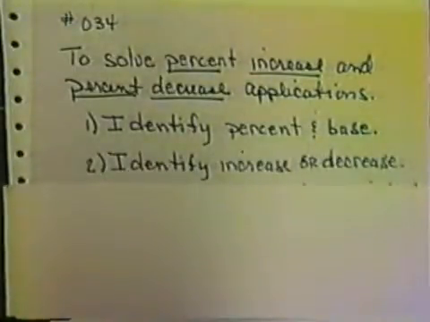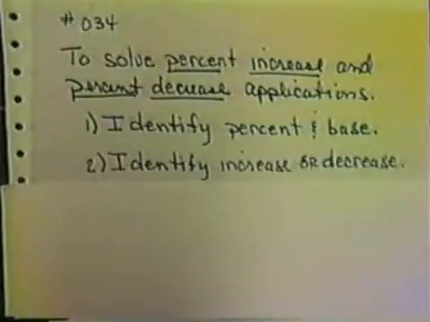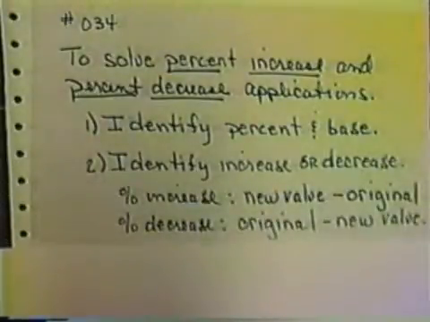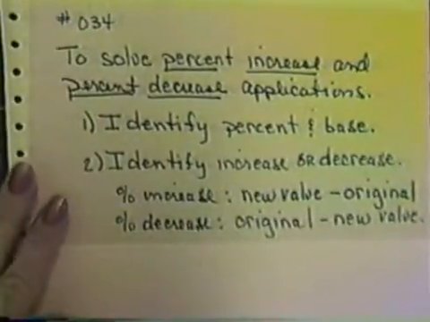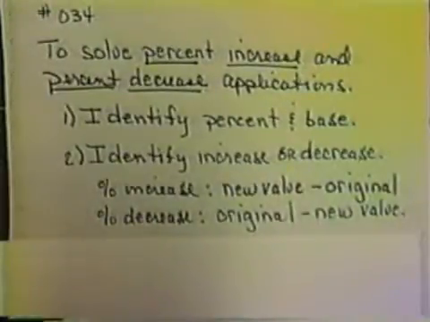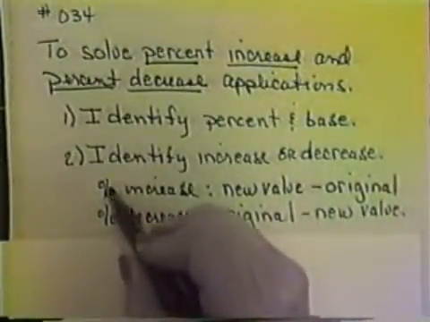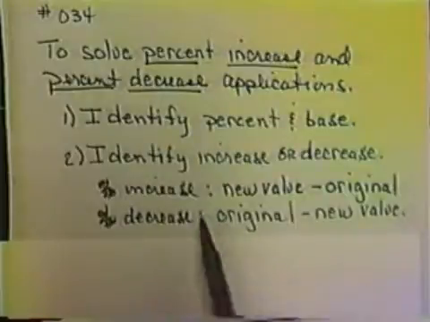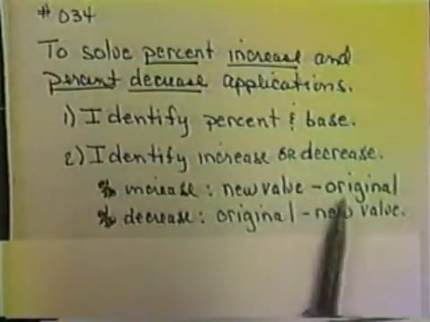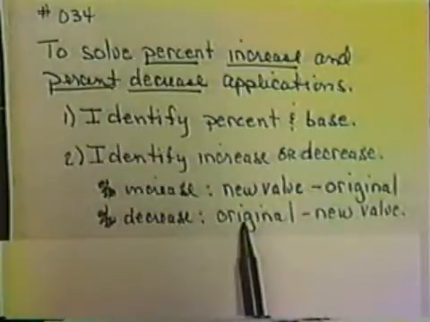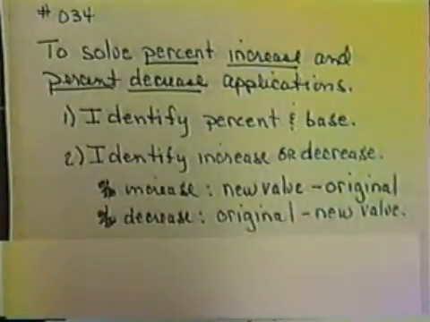Next thing we want to do is determine the increase or the decrease. The amount is going to be the increase or the decrease, and the amount of increase, that shouldn't be percent. The increase will be the new value minus the original, or the decrease is going to be the original minus the new value.